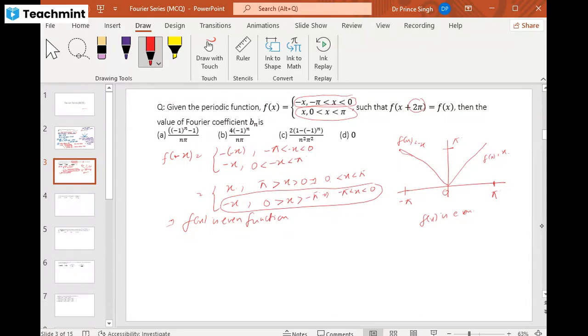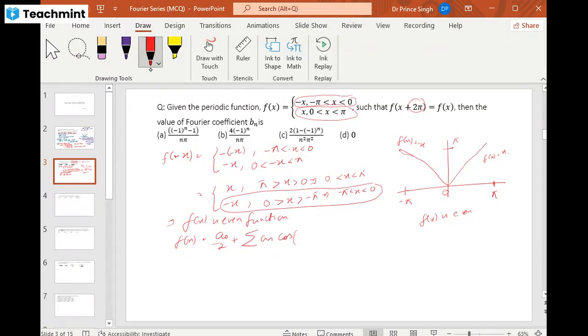Why? Because we know that the Fourier series of the function is given by a naught by 2 plus summation of an cos n pi x upon L plus bn sine n pi x upon L, in general form if we consider. Otherwise, in the interval minus pi to pi, its value is nx only.